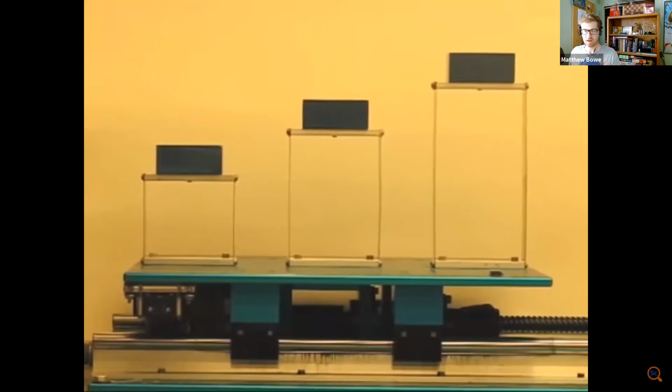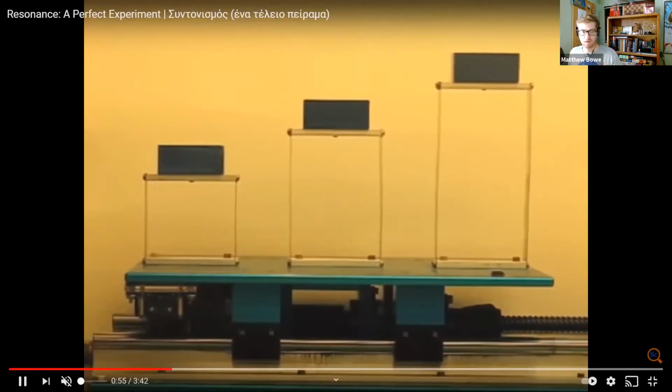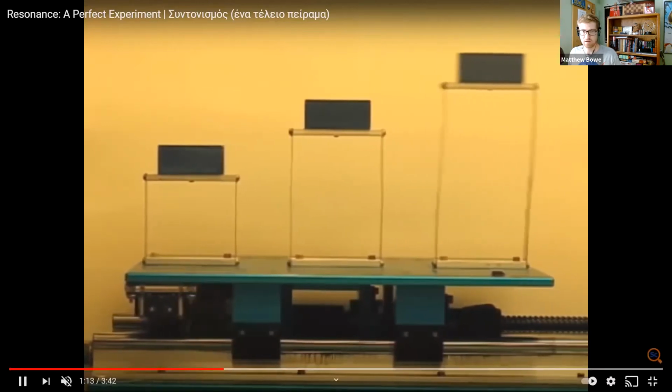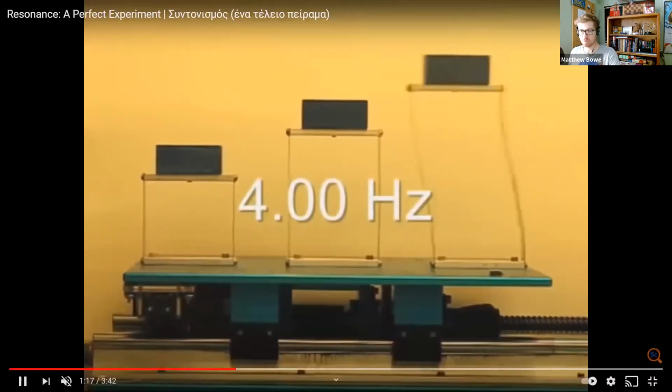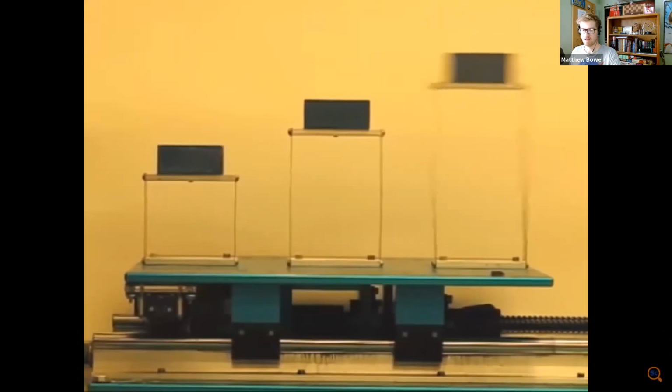And here we have, right at exactly 4 hertz, a resonant frequency with this tall building.